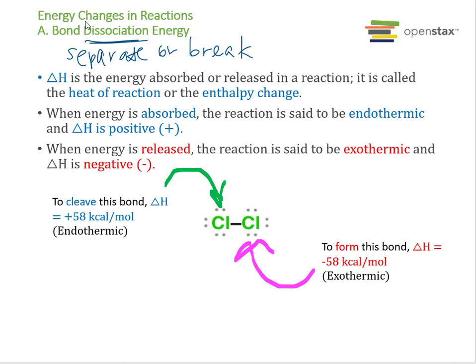The dissociation energy, or the energy that's needed to separate or break a bond, is shown by the symbol delta H. Delta H is the energy that's absorbed or released in a reaction, which is called the heat of formation. I'm sorry, I didn't mean heat of formation. Heat of reaction is this delta H. How much energy is required to make this reaction happen?